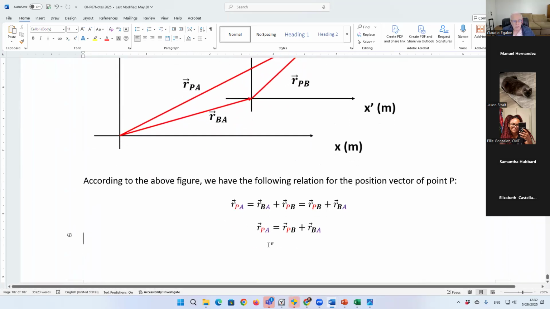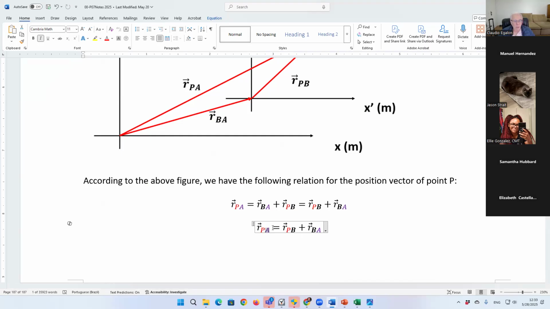Notice that the point P here is the first one on the left side, right? But by rearranging those two vectors, I also get the point P as being the first on the right side. Notice also that the referential A is the last one on the left side. P is the first one, A is the last one.